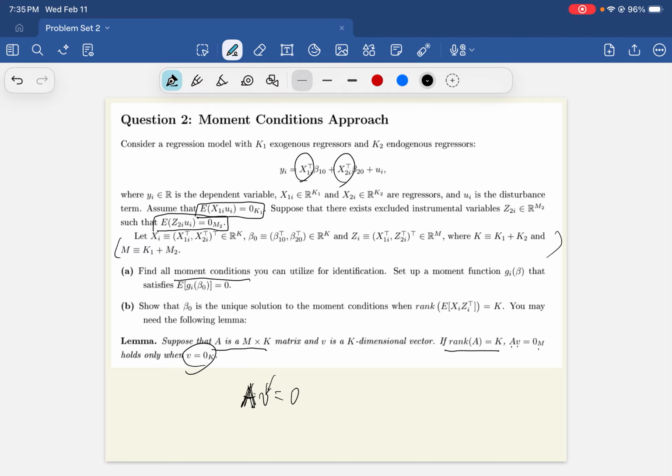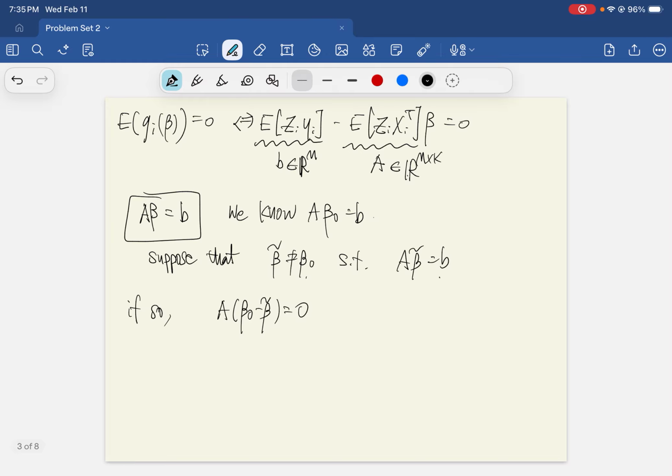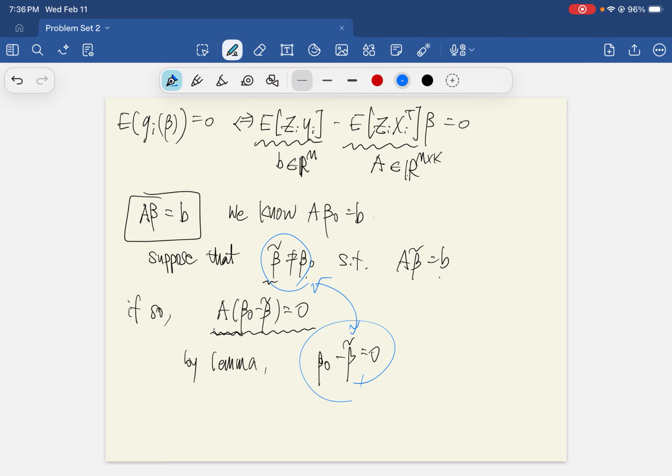That means if there was another beta tilde, it should satisfy this by the lemma. It means beta 0 minus beta tilde should be 0, but that contradicts this. They cannot hold at the same time, so there is no such beta tilde. This is the proof for identification, the uniqueness of the solution.